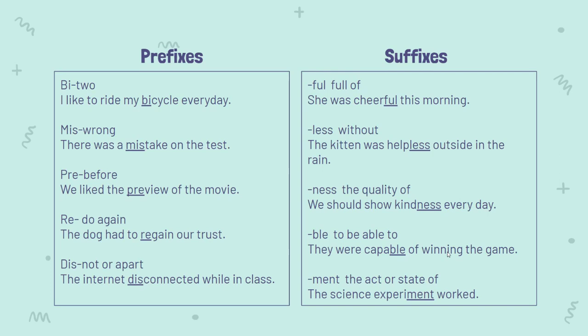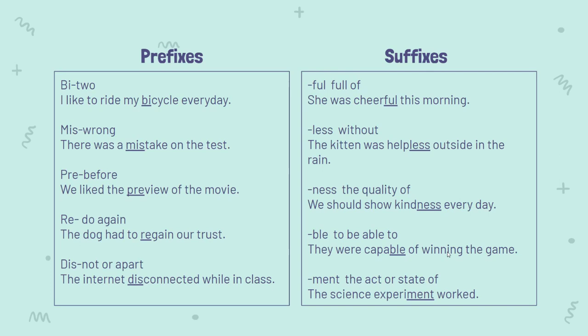So the kitten was helpless outside in the rain, meaning it was without help. And then ness means the quality of. We should show kindness every day. So we should show more kindness, more being around other people. But that's what ness means, the quality of.